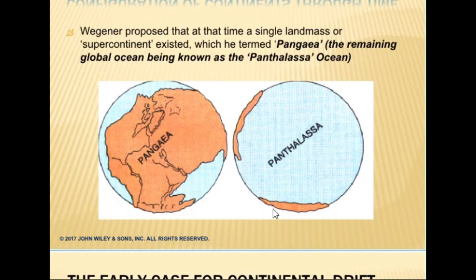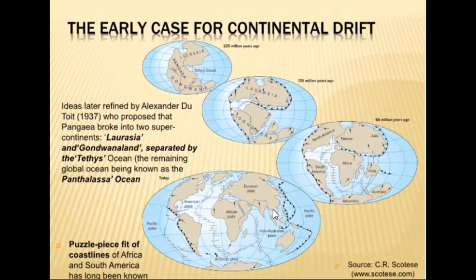And you can see Pangaea, we said to the north we had Laurasia, and to the south we had Gondwana. And that was about 200 million years ago. And as we began to come through time, around 135 million years, we could see that these plates began to separate.